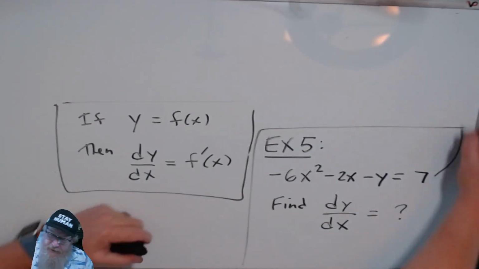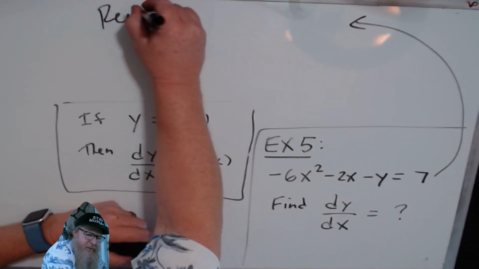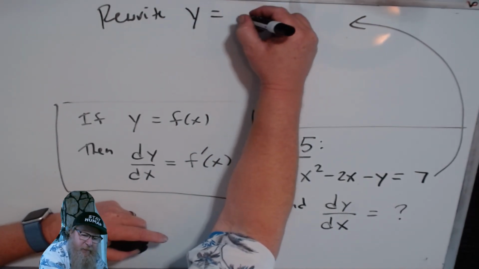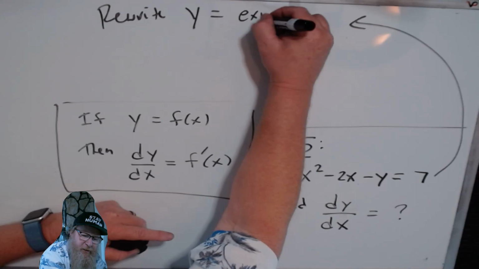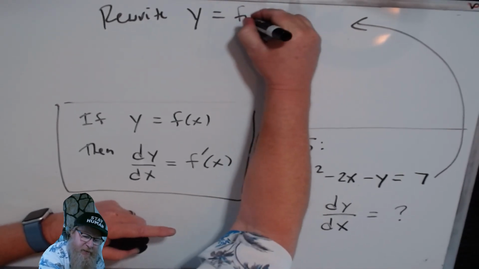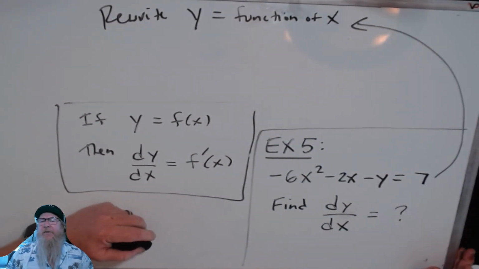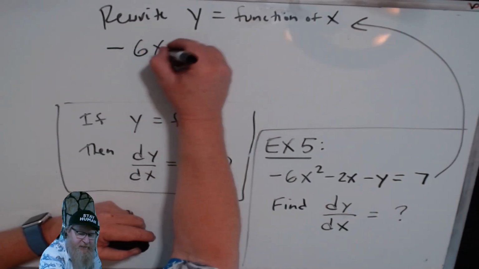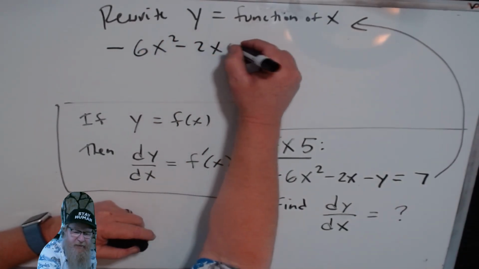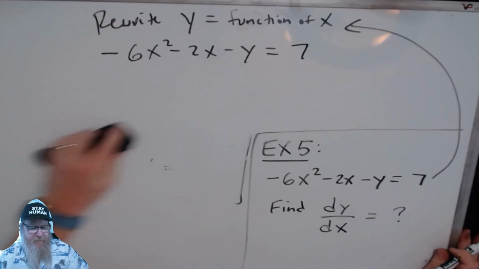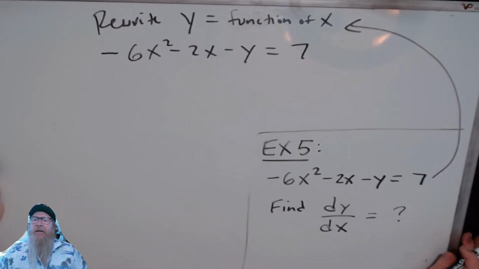Well, the first thing I need to do is rewrite y equals an expression, a function of x. I could say expression, but I want to write it as a function of x. So I need to get all of my x's onto the other side.